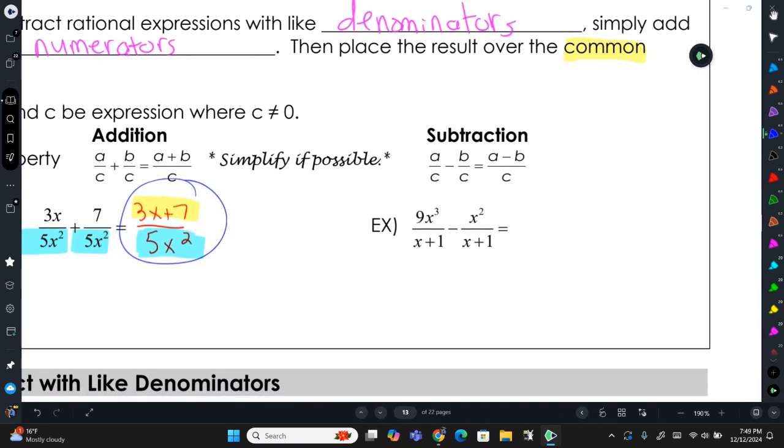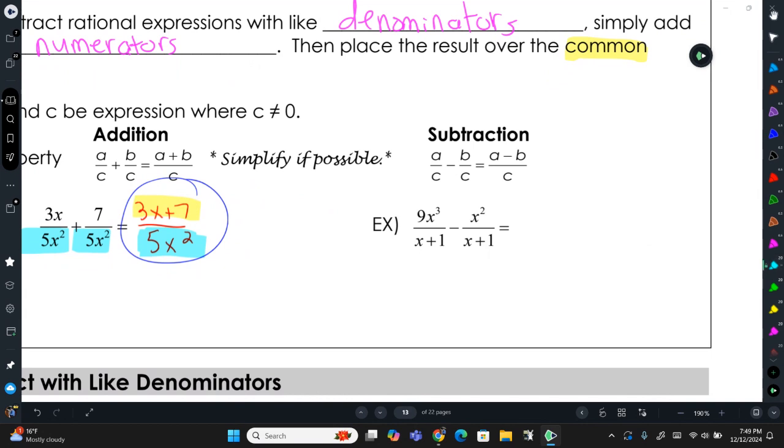All right, over here, we have, again, the same denominator. So we're going to simply subtract our numerators because there's a subtraction sign here. So it's going to be 9x squared minus 9x to the third minus x squared over x plus 1. Well, the numerator can be factored out.